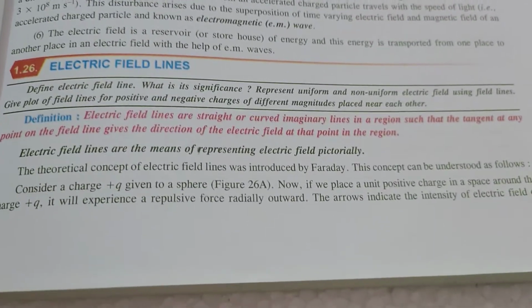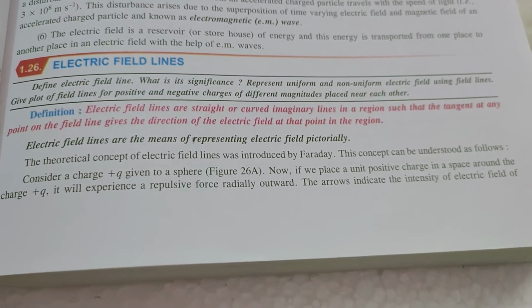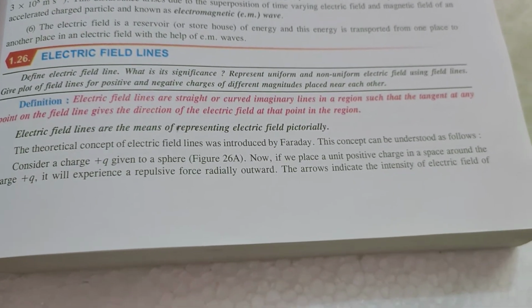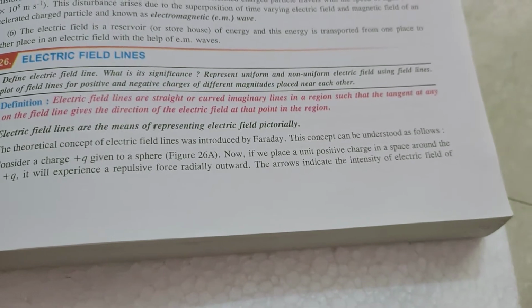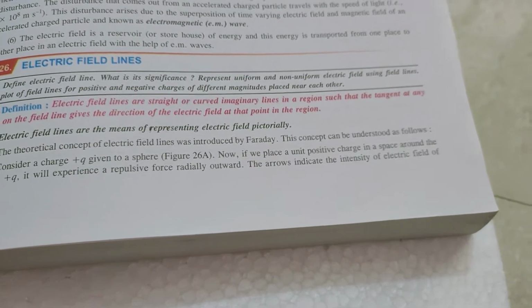Hello students, today I will start with electric field lines or electric lines of force. So the first question that arises here is, what is an electric line of force?